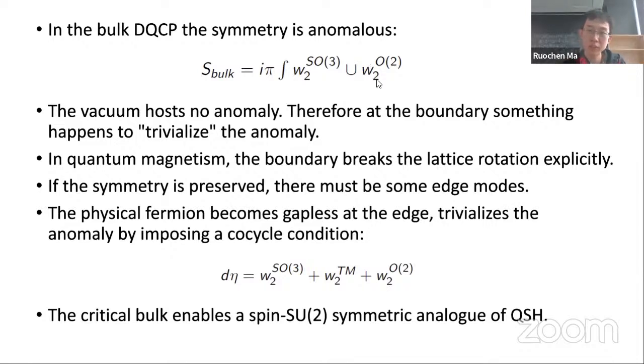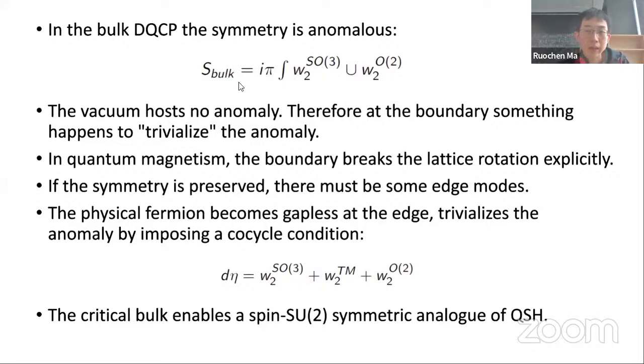So there's no inconsistency at the edge, since part of the relevant symmetry is broken at the edge explicitly. And the second possibility is what we discussed here. If the symmetry is preserved on the boundary, then there must be some kind of edge model with certain quantum number to trivialize the anomaly and give you a consistent edge theory.